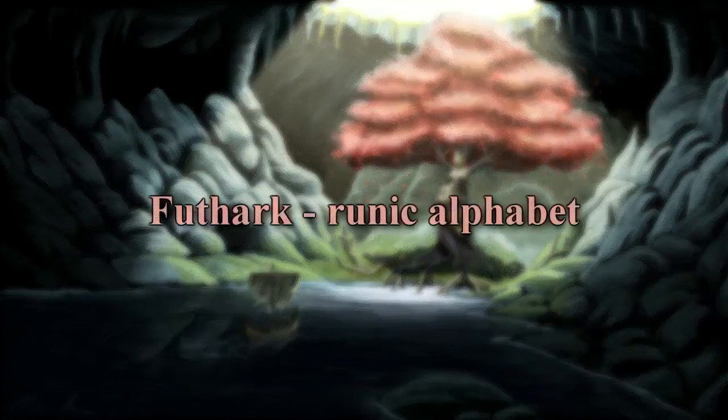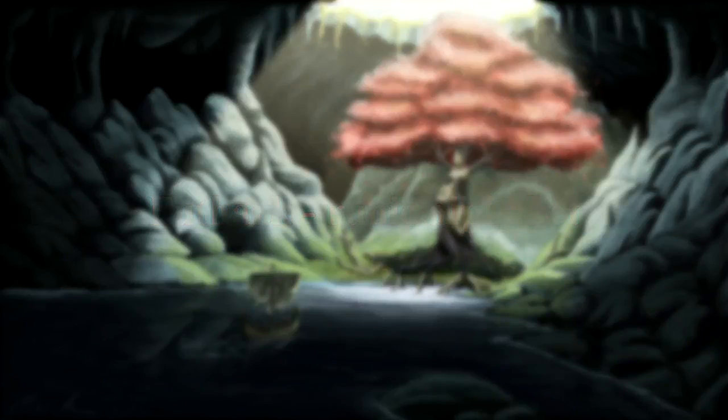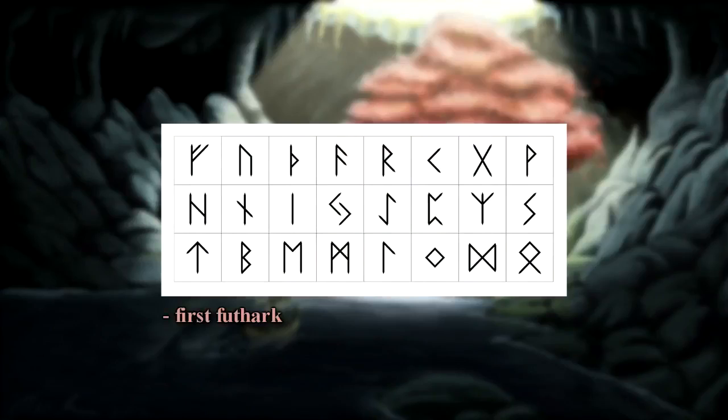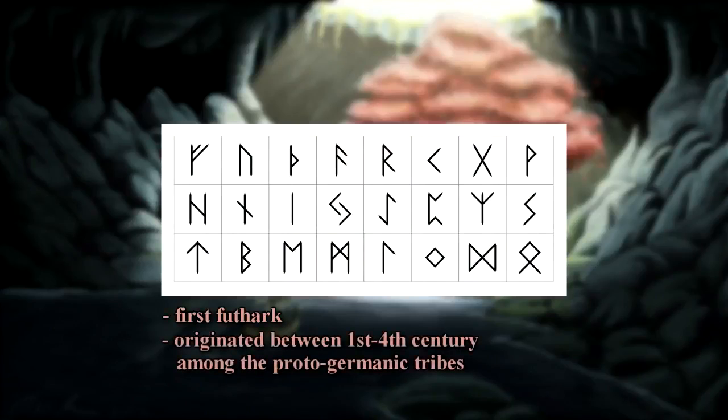A runic alphabet is called a futhark, and today we recognize 3 different fully developed futharks. The very first futhark was formed between the 1st and 4th century AD by the Proto-Germanic peoples, and it contained 24 runic symbols.